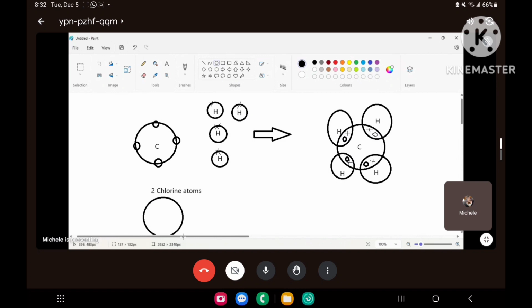Two chlorine. Chlorine is in group 7. So there's 1, 2, 3, 4, 5, 6. Like this.